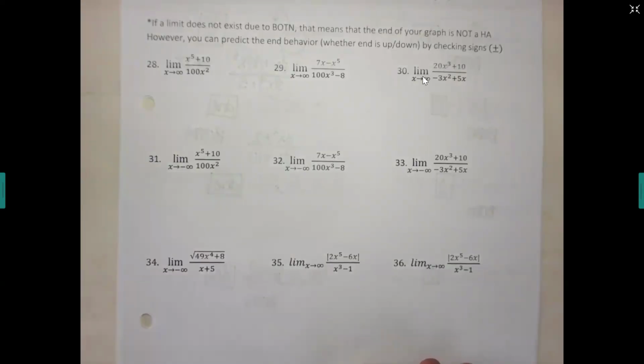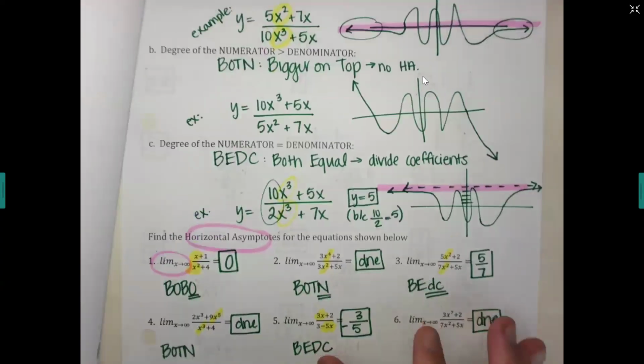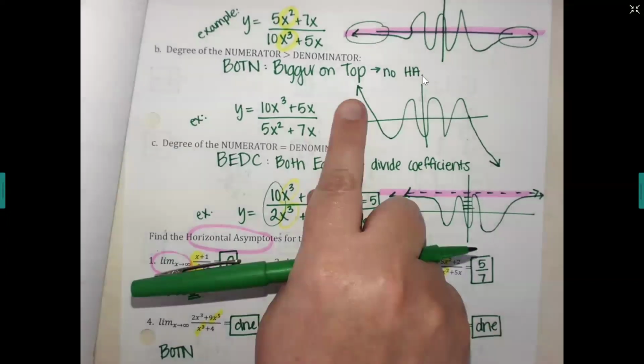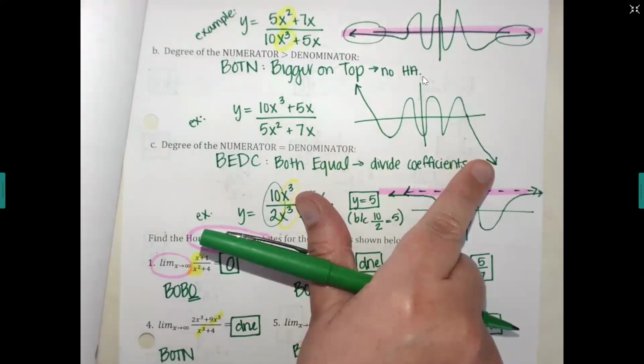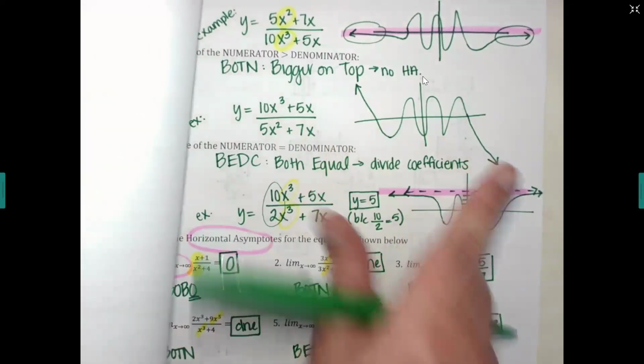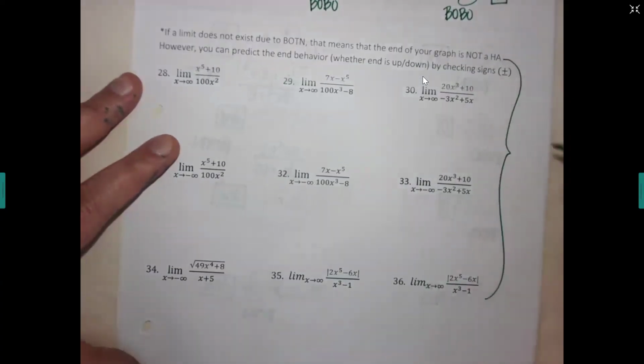If you get a question in that section, it won't let you just put DNE. It wants to know, is the graph going up or down? Now look at your front page. Do you remember that in the bottom section, either the end points up or the end points down? So we're going to learn how to determine which one it is. But every single question in this section is bottom heavy.